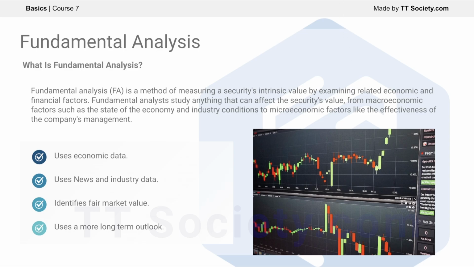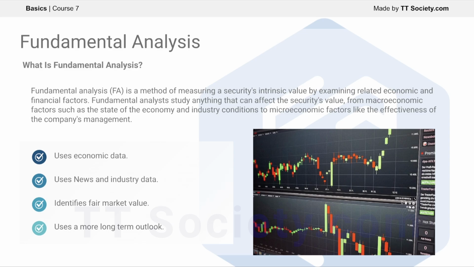Now, on to fundamental analysis. What's different about a person applying fundamental analysis? Technically, they are using the same tools, but in addition to that, fundamental analysis is measuring a security's intrinsic value by looking at economic data, financial factors, the quarterly earnings of a company.